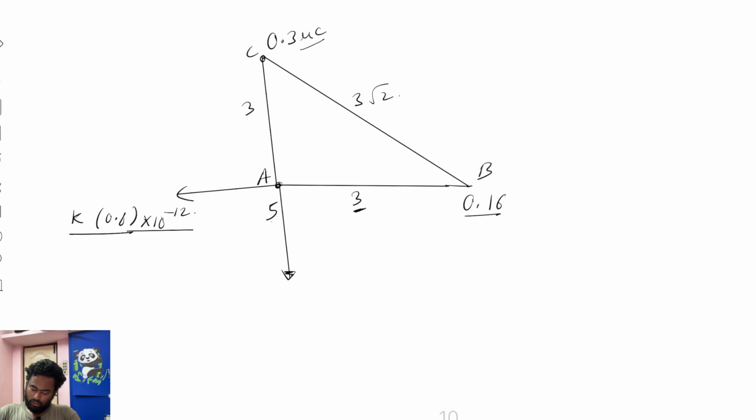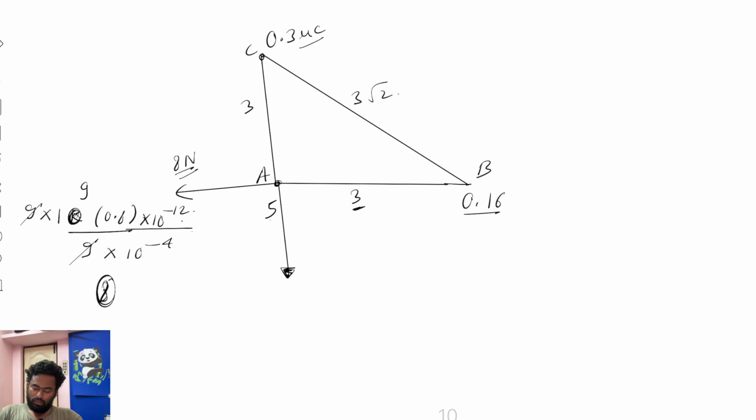Distance in centimeter means 9 into 10 to the power minus 4. K value means 9 into 10 to the power 9. Okay. So let's see, 9 cancel. 10 to the power 4, 13. 10 power minus 13. So it will become 8, I think. So this force is 8 Newton.